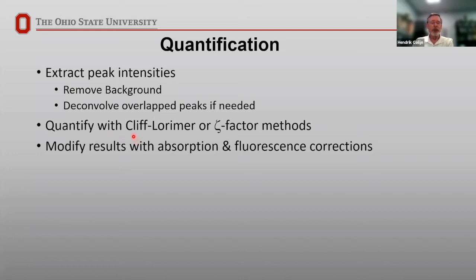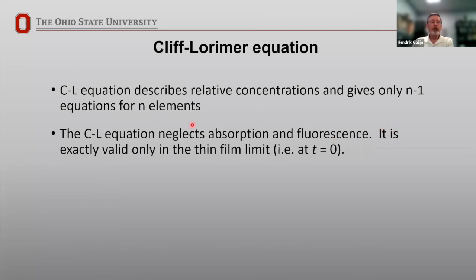In TEM, we use a different quantification method than in the SEM. In SEM, it's primarily ZAF or maybe Phi-Rho-Z. In TEM, we're usually using either the Cliff-Lorimer or the Zeta Factor methods, with the Cliff-Lorimer being the most common. And particularly with Cliff-Lorimer, you may have to modify your results with some absorption corrections. The Cliff-Lorimer equation will describe relative concentrations.